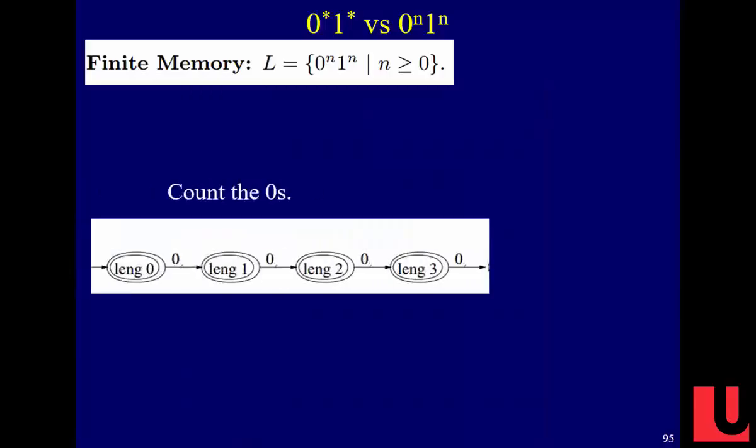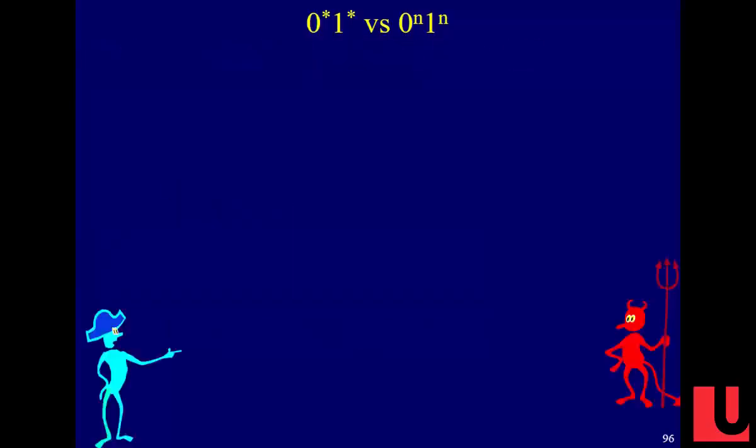Here I have 0 zeros, here I have 1 zero, 2 zeros, 3 zeros. But if you want to count arbitrarily high, you need an infinite number of states. And what's the F in DFA? In fact, I asked that question once on the test, and people did okay on that one.